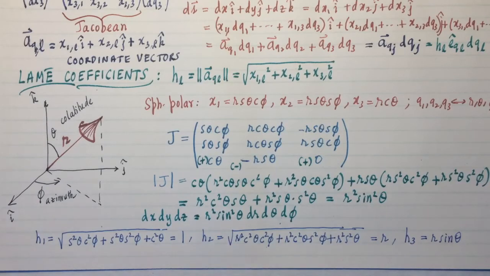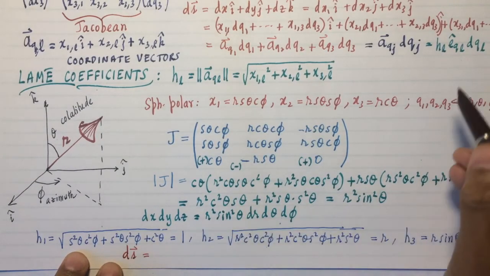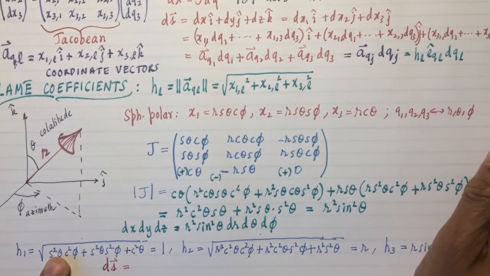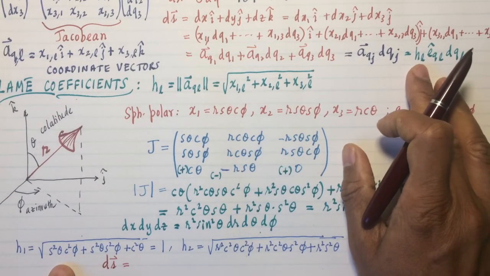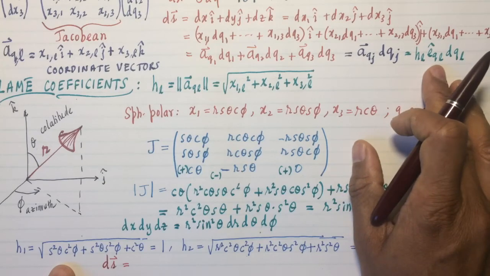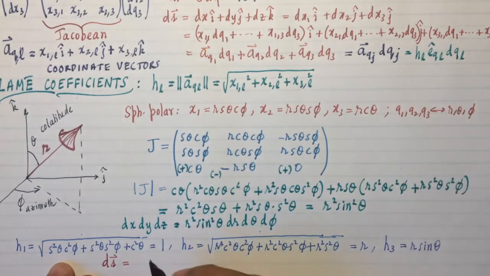So I can write the arc length element as the last thing I do. So ds is going to be following the protocol I laid out here. It's the Lame coefficient times the unit vector in the direction times the element dq.